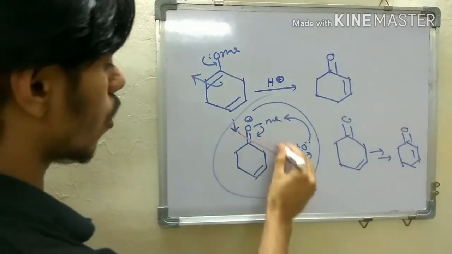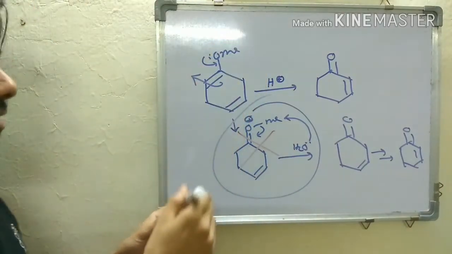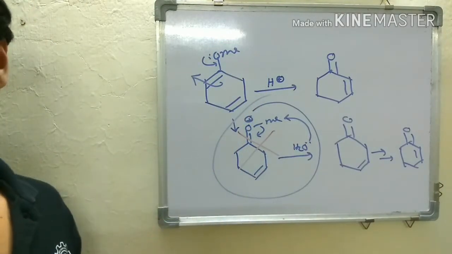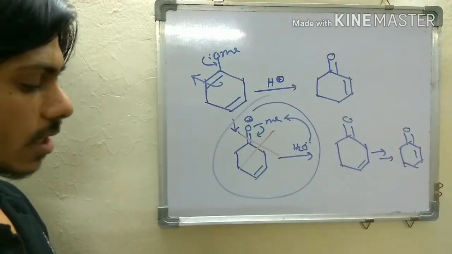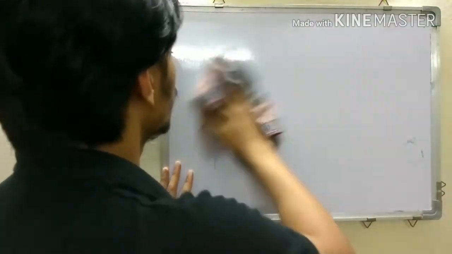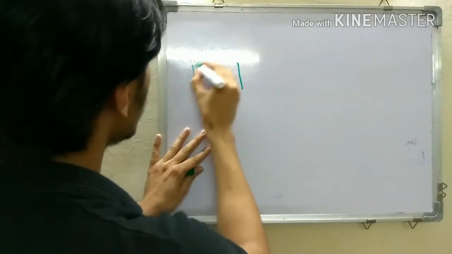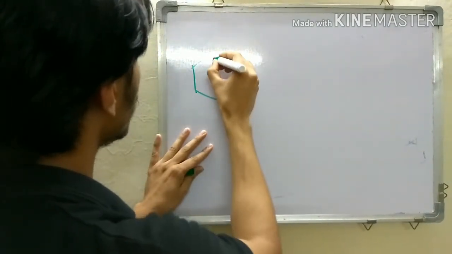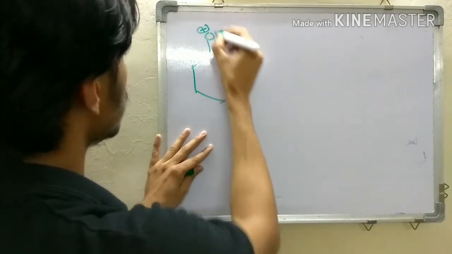This mechanism is wrong because vinyl ethers don't hydrolyze like this, and I discussed it in my other video on the hydrolysis of ethers, which you can check, but I am showing the mechanism briefly here. So what is the mechanism? The first step is right: the protonation step will occur, and you will get this oxonium ion.